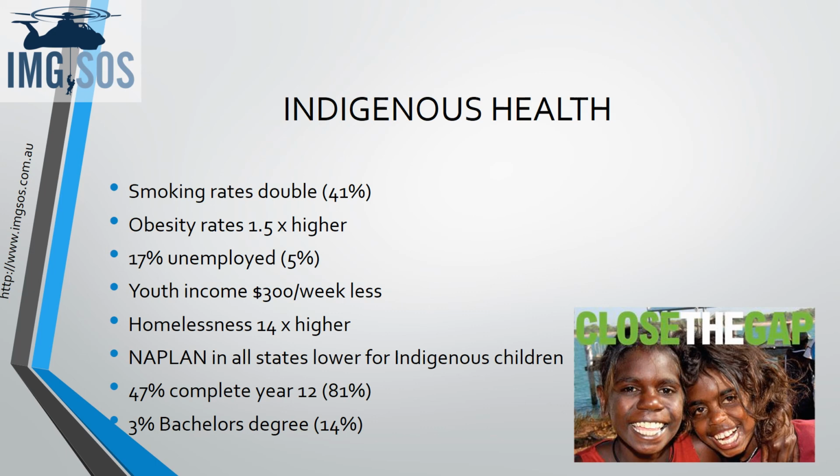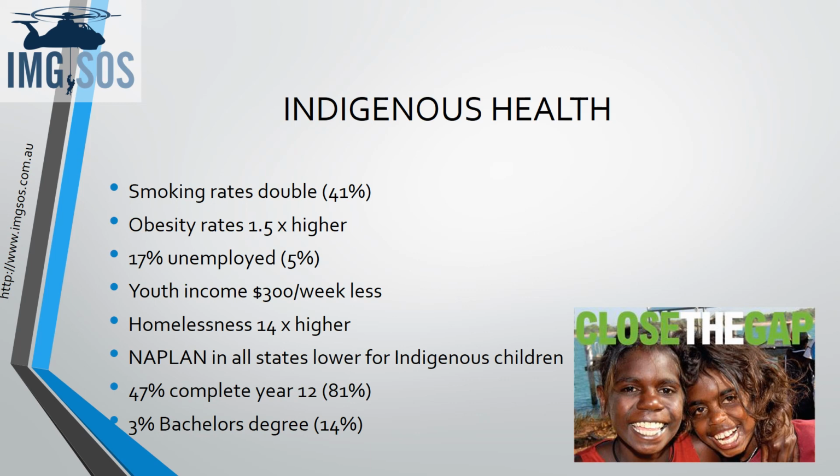NAPLAN, which is a national test for literacy and numeracy done at primary school, NAPLAN in all states is lower for Indigenous children. So Indigenous children have less proficiency in numeracy and literacy no matter where they are. 81% of Australians complete grade 12, the final year of high school, only 47% of Aboriginal children.